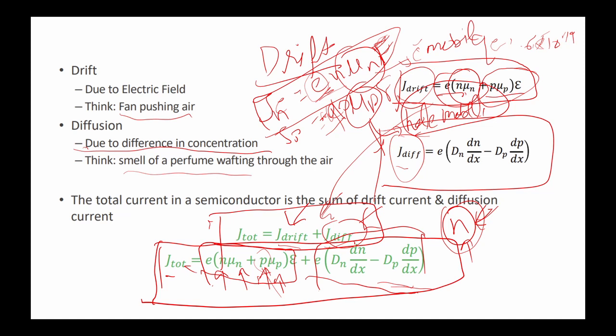We have established the equations for the drift current as well as the diffusion current, and added them to get the total current. These equations are very important to understand the basics of the semiconductor, for whichever device you will work on. So these are the basic equations that will hold.